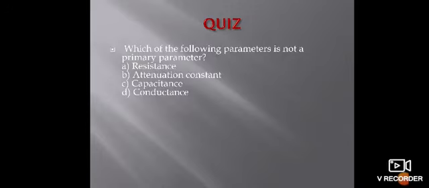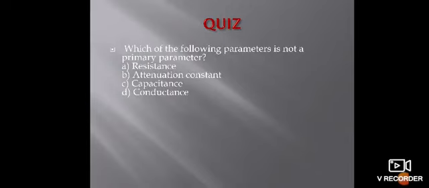Which of the following parameters is not a primary parameter? A, resistance; B, attenuation constant; C, capacitance; and D, conductance.